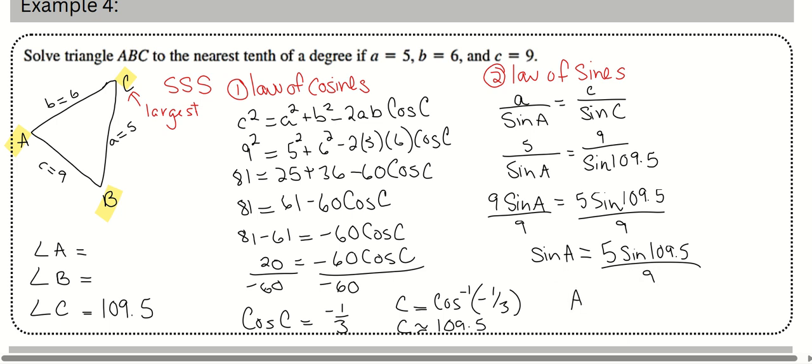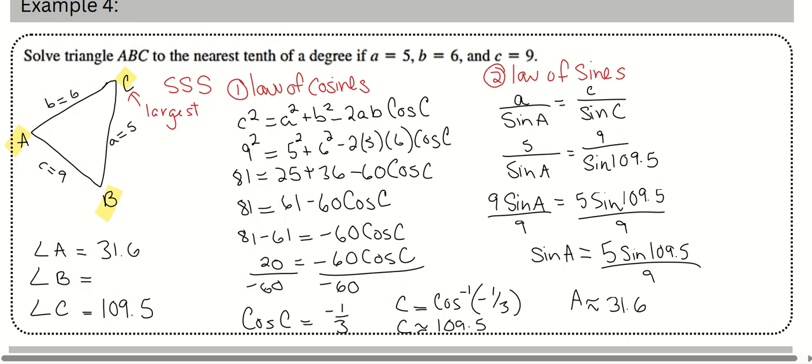So A ends up being 31.6. Now that we have angle C and angle A, we can use the sum of angles formula to find the last angle.